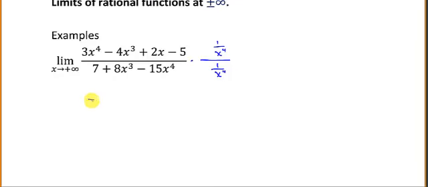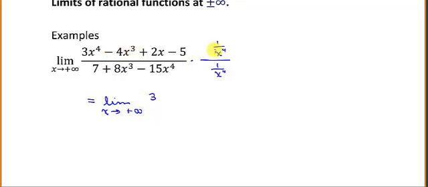Remember that you have to distribute, so I multiply each term in the numerator and each term in the denominator by 1 over x to the fourth. 3x to the fourth times 1 over x to the fourth is just 3.